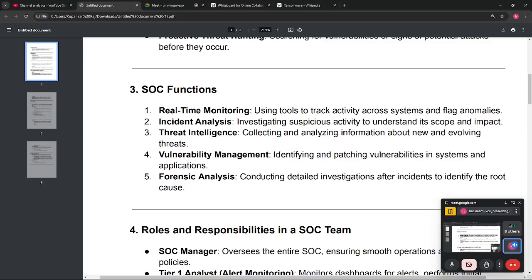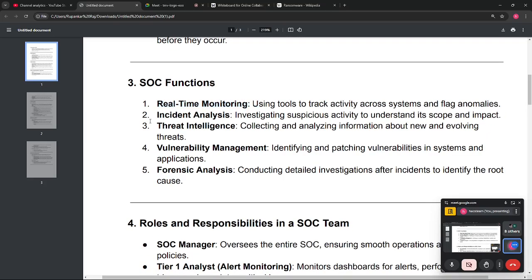The very basic function is real-time monitoring. As a SOC analyst, you need to continuously monitor everything happening there, with continuous observation of the organization's IT infrastructure to detect any malicious activity. So real-time monitoring is the first function of SOC, and after that we have incident analysis.